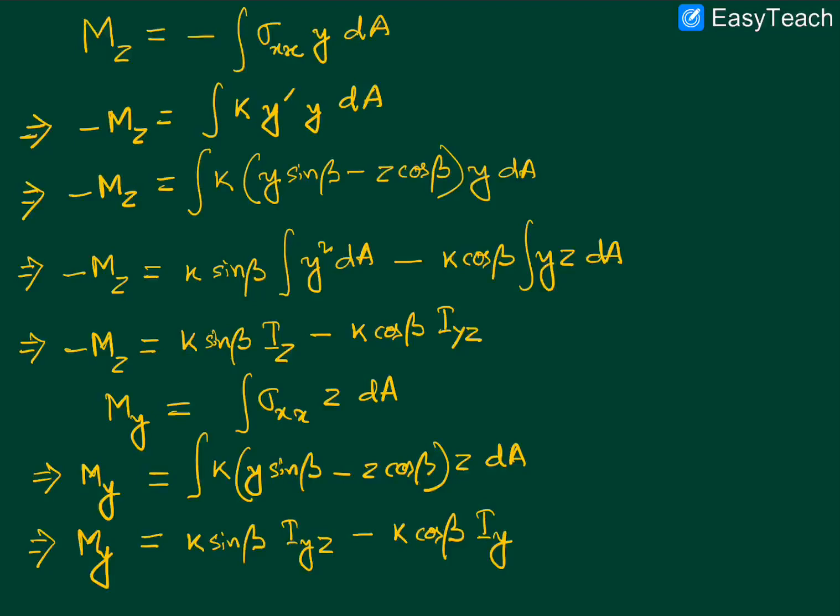We number our equations. This first one involving the minus Mz as 1, and the second one involving the My as 2, and then we simply divide 1 by 2 to quickly eliminate the unknown k.